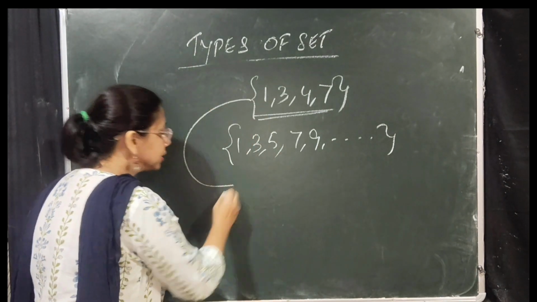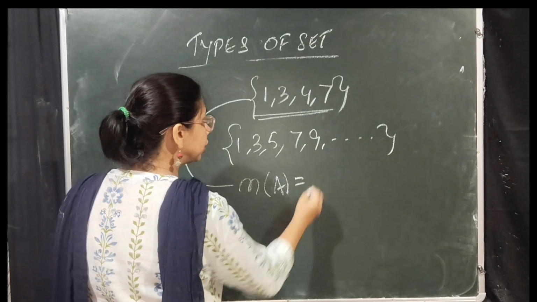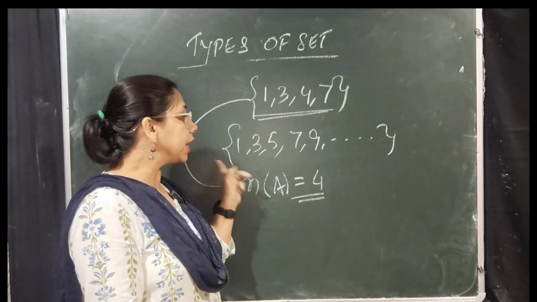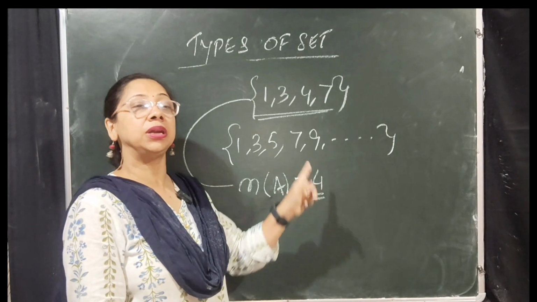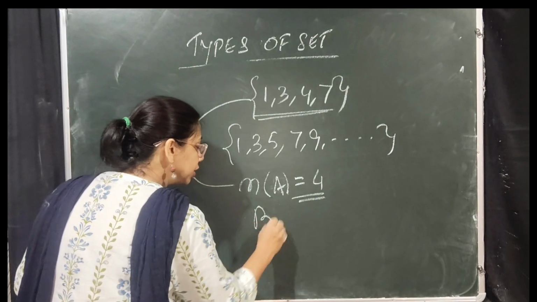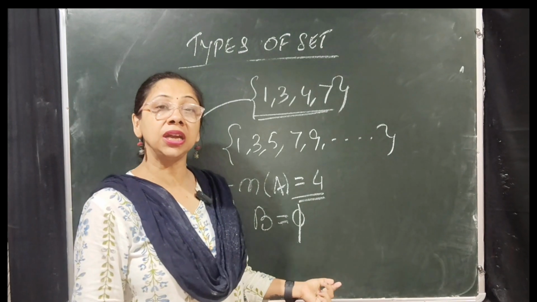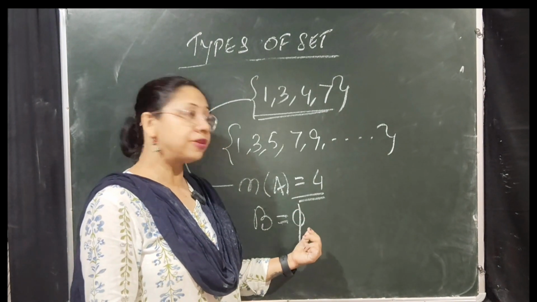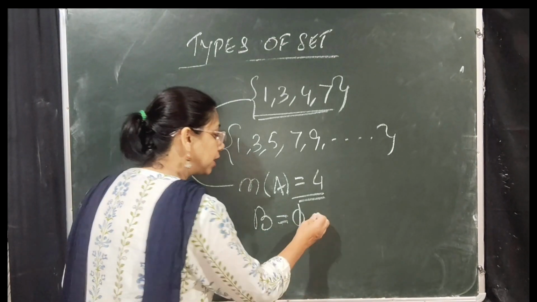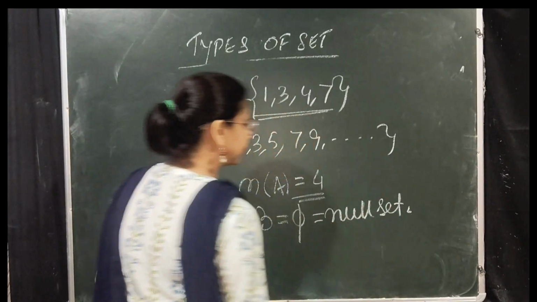In case of finite set, we can count and write down the total number of elements. In case of infinite set, we cannot find out how many elements are there. Next, we learn about a set which has no element or nothing. In mathematics, nothing is defined as phi. A set which has no element or empty is known as phi, and it is also known as null set.